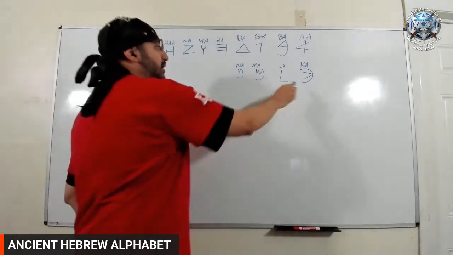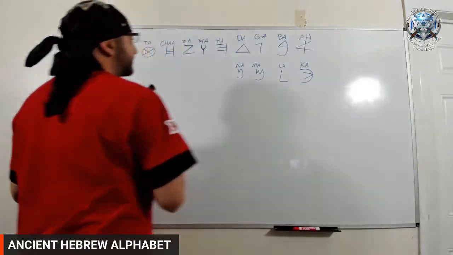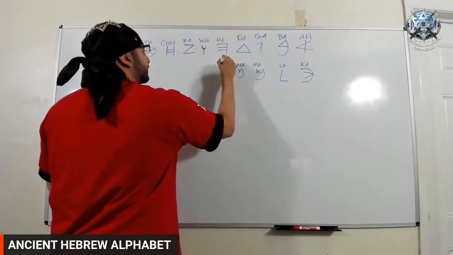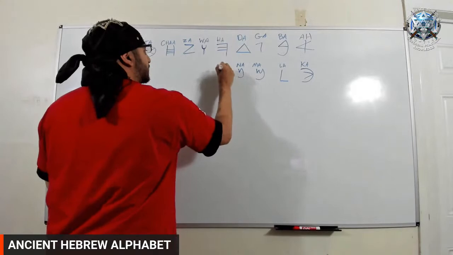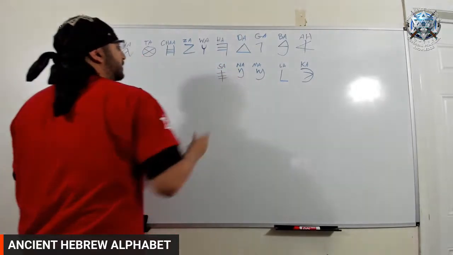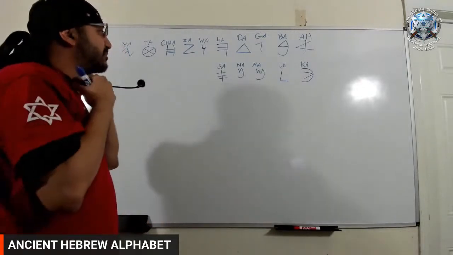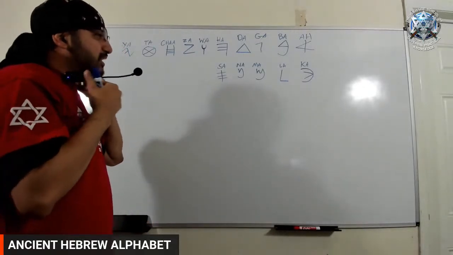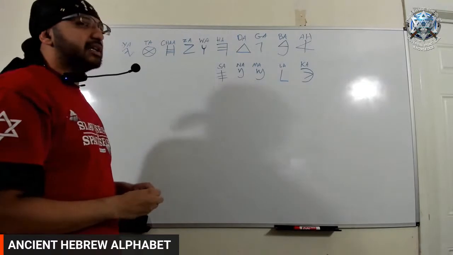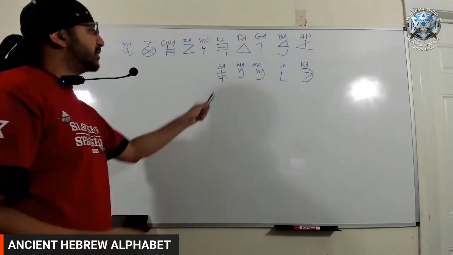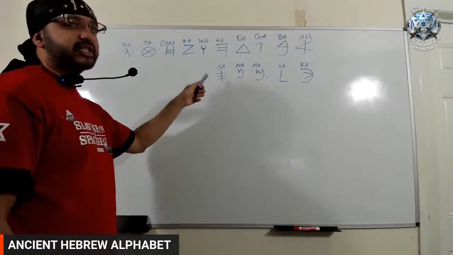Ka, la, ma, na, sa. This is the letter sa. That's just what it is. So you're just going to have to remember that. I don't really want to compare this to any other language, but this is the original root form of what we know as sa.